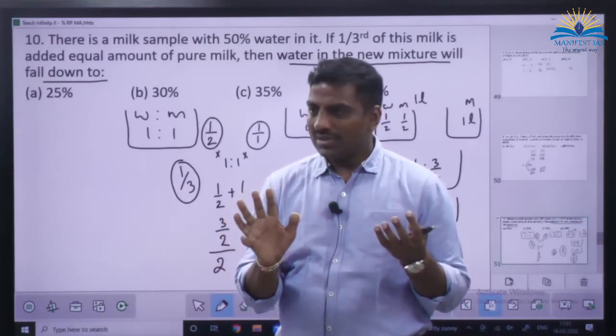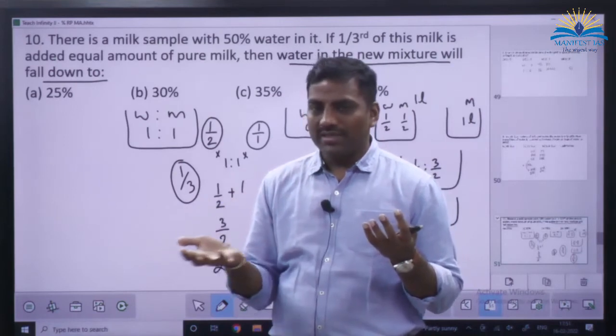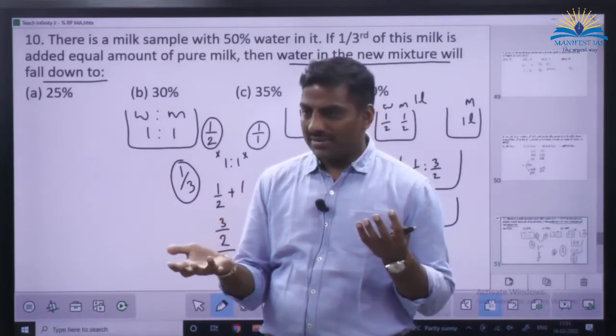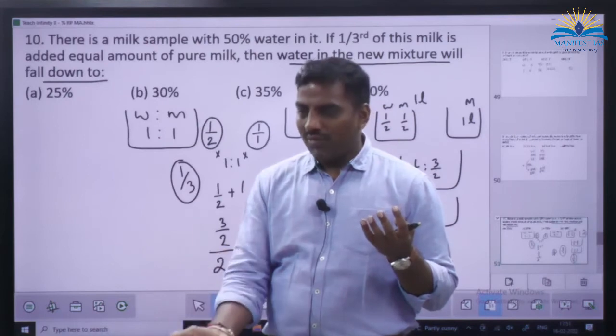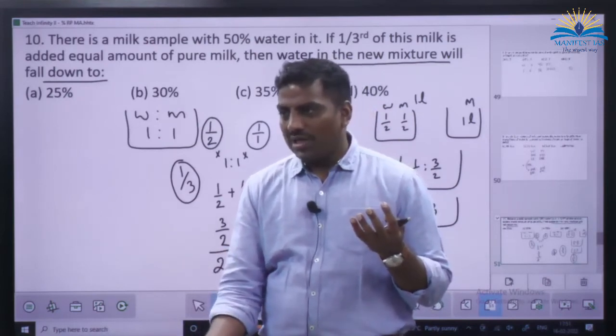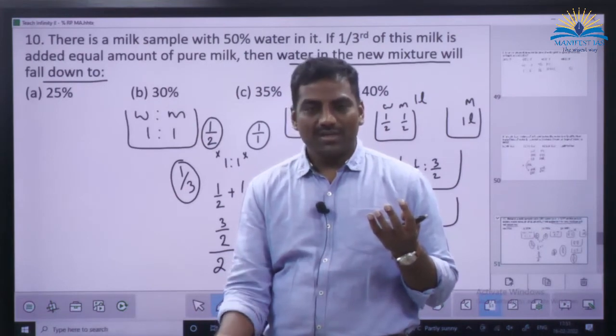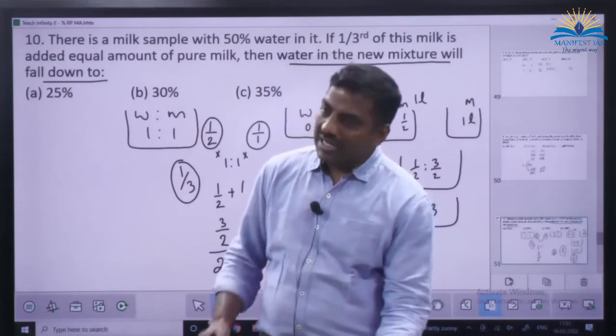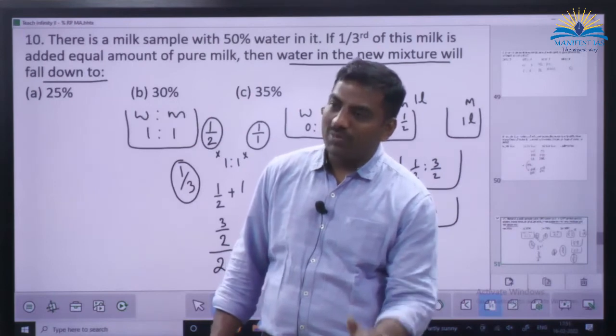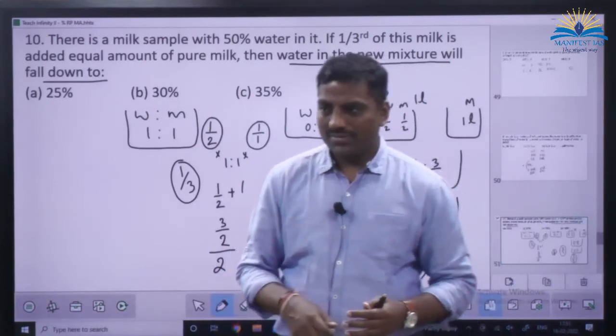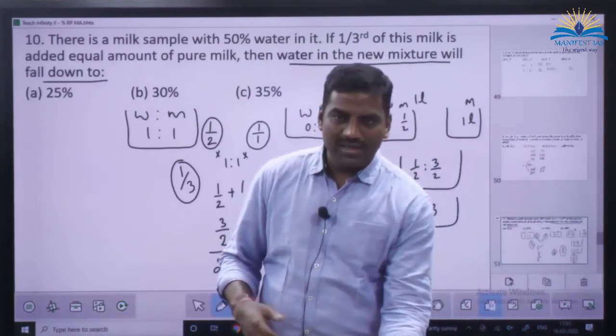Understood? Earlier I had taken 3 liter water and 3 liter milk in one vessel, mixed it. Now I am taking 1/3 of it, so 1 liter water and 1 liter milk. Totally 2 liters of mixture. I am taking 2 liters of pure milk here.